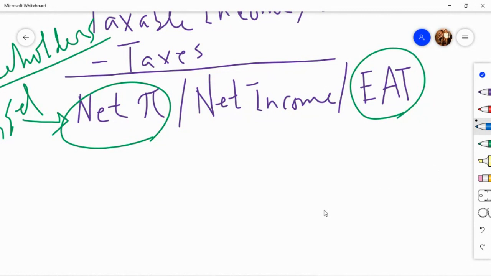Again, the profit belongs to the owners, but it's not distributed. The income statement ends here, but it doesn't really end here. Only the income statement ends here. Why? Because after that, from the EAT, the stocks pay dividends. It's not an obligation like interest. Interest is an obligation, but the dividend is not. Companies may or may not pay dividends depending on their financial situation.